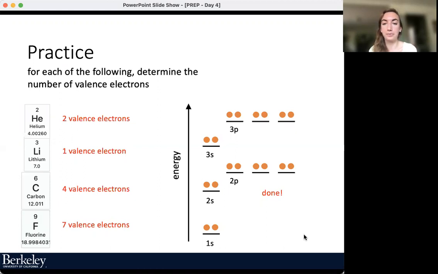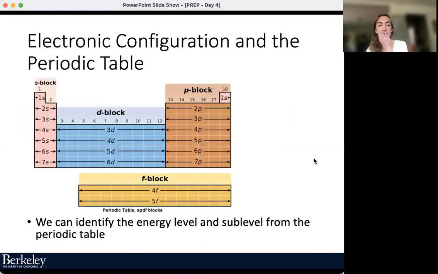Okay. So for these elements that only have a few electrons, it's pretty easy for us to fill in all of those energy levels every single time. But the periodic table is sorted in such a way that it does the work for us.